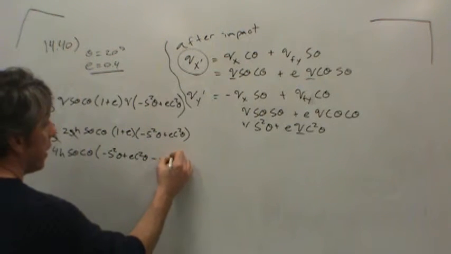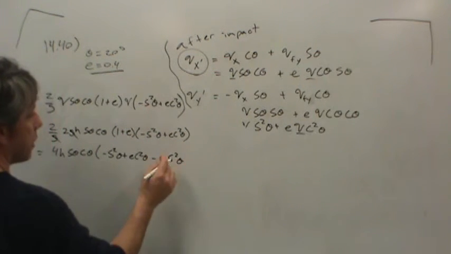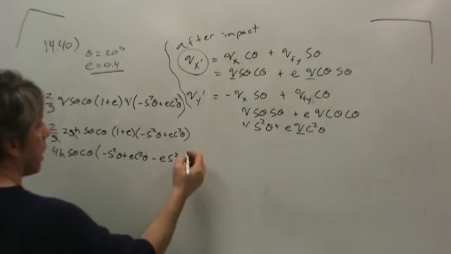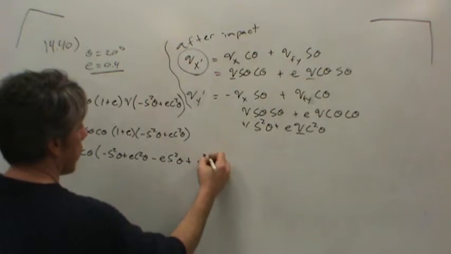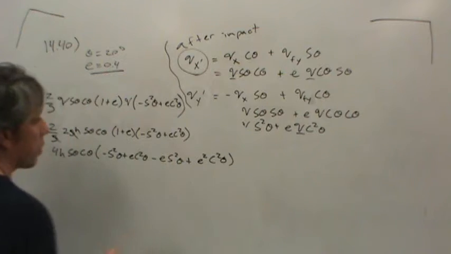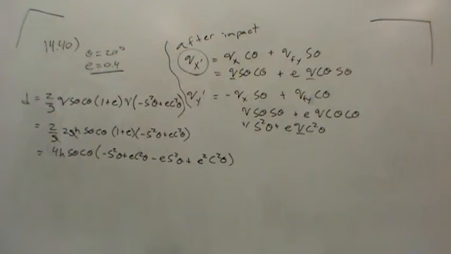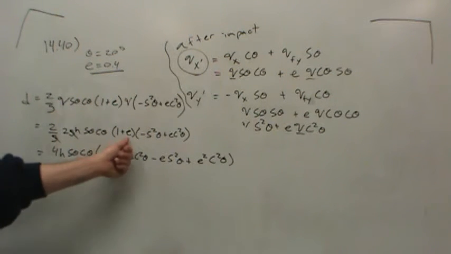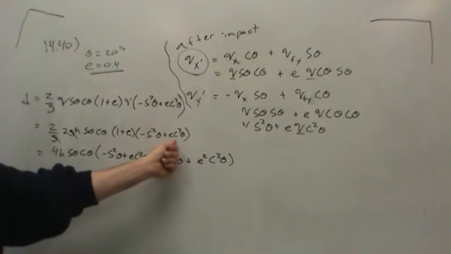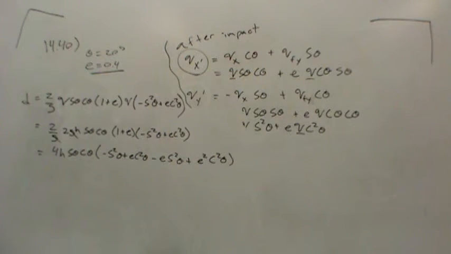So minus e sine squared theta, let's see, plus e squared cosine squared of theta. Okay? This e times e is e squared, so that should be it. Now, let's see. There's got to be a simplification here, but I'm not seeing it.